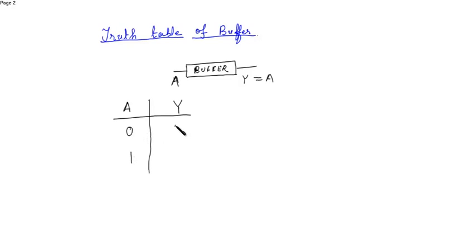When A is 0, output will be 0. When A is 1, my output will be 1. So this is my truth table of a buffer.